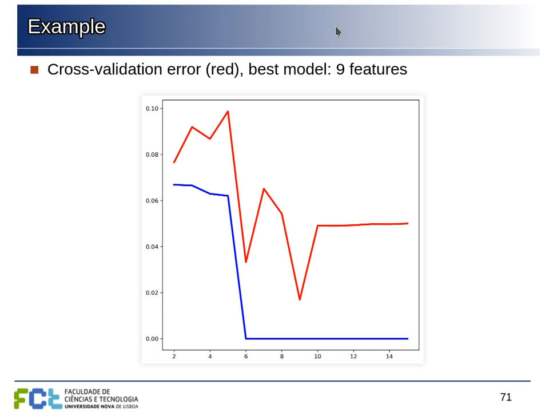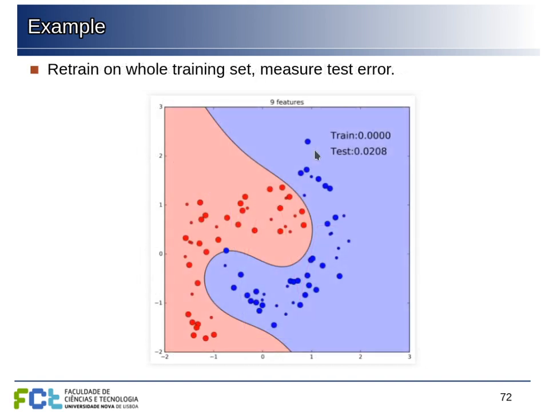So after this selection, note that we are measuring here the average of different hypotheses. We still do not have our final classifier. But since now we know what the best number of features is to use, we can train the logistic regression with the whole training set and obtain the final hypothesis, which is this one here.